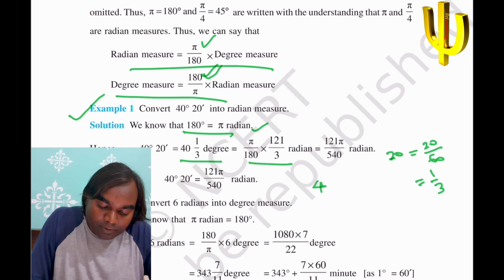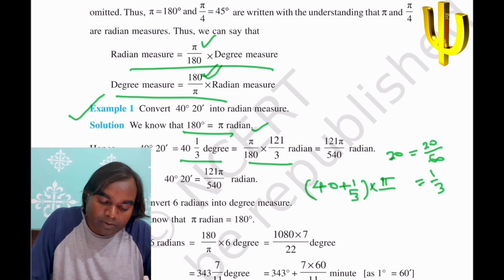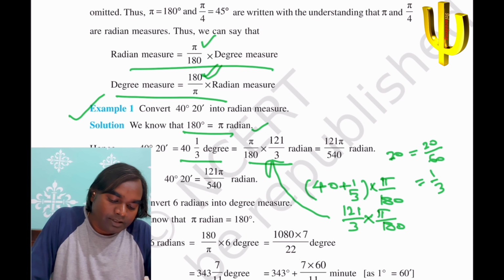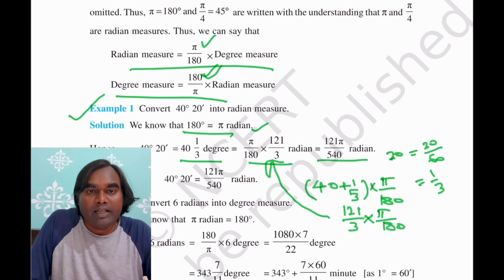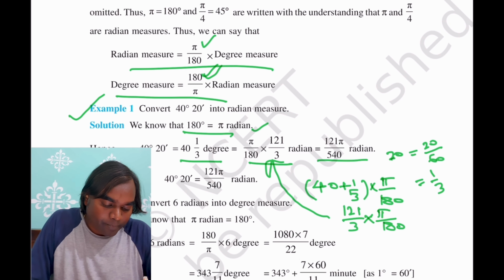So 40 plus 1 by 3 degree into pi by 180. So 40 into 3 is equal to 120 plus 1, 121 by 3 into pi by 180. That will give 121 pi by 540 radian.